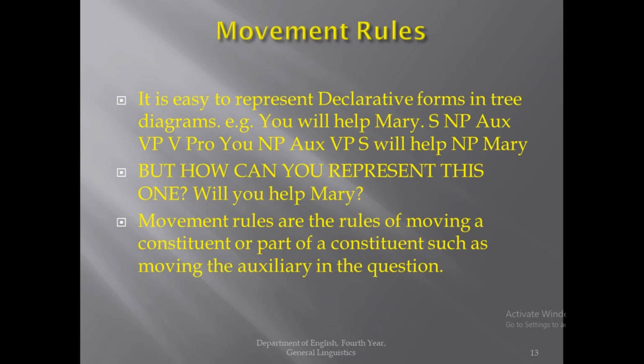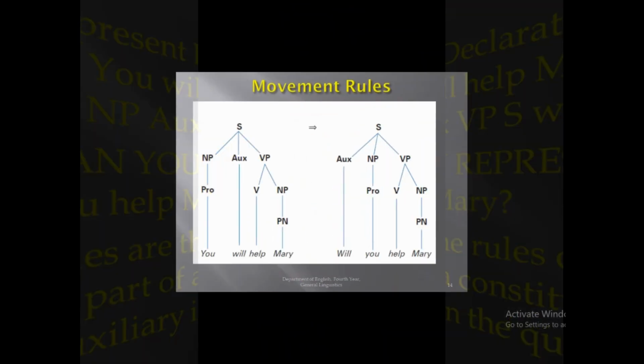So this is what is called movement. It is the movement of a constituent or part of a constituent from its ordinary place into another place, depending on the mode of the sentence, whether declarative, interrogative, exclamative, or directive, imperative.